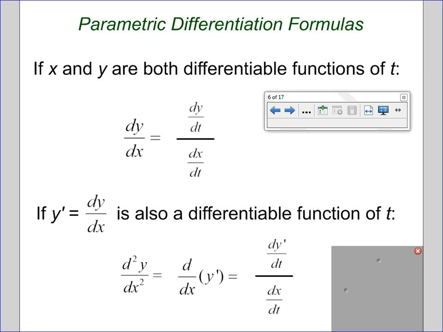But because dy dx depends on time, we have an application of the chain rule, which results in the derivative of my y prime expression, that's my dy dx, with respect to time, and then over my dx dt with respect to time. So that stays dx dt on the bottom.